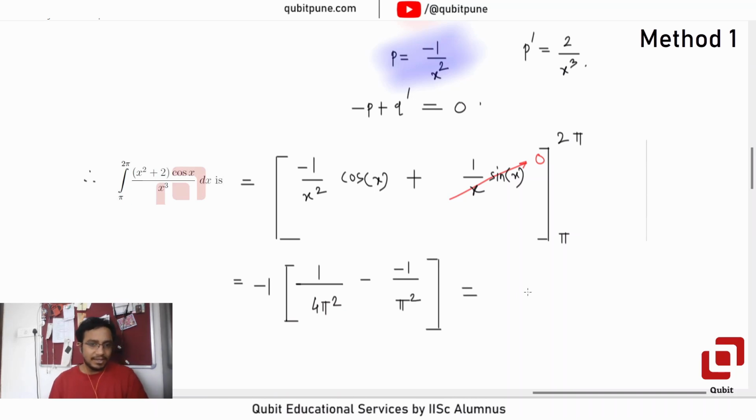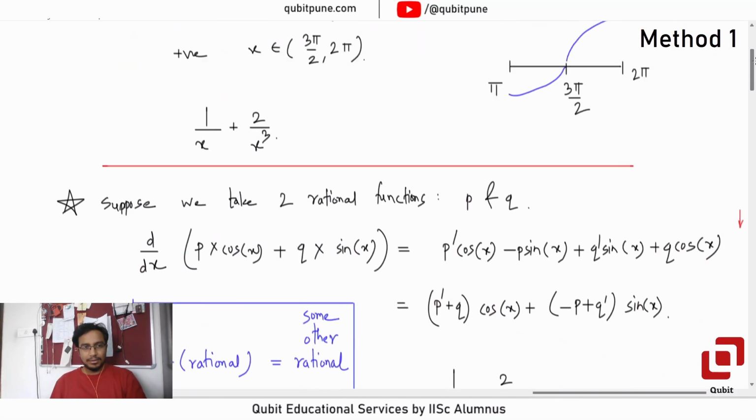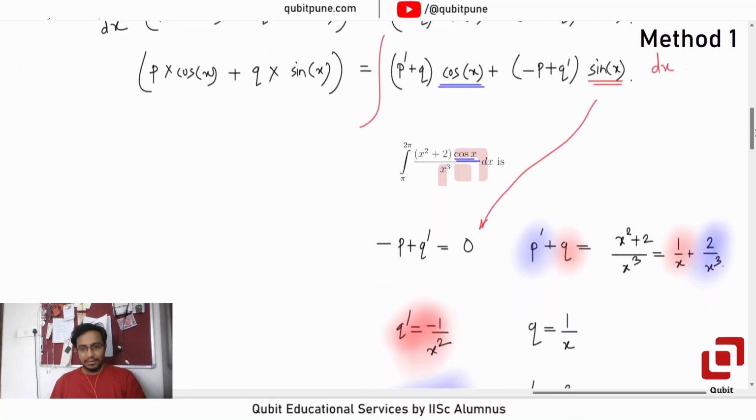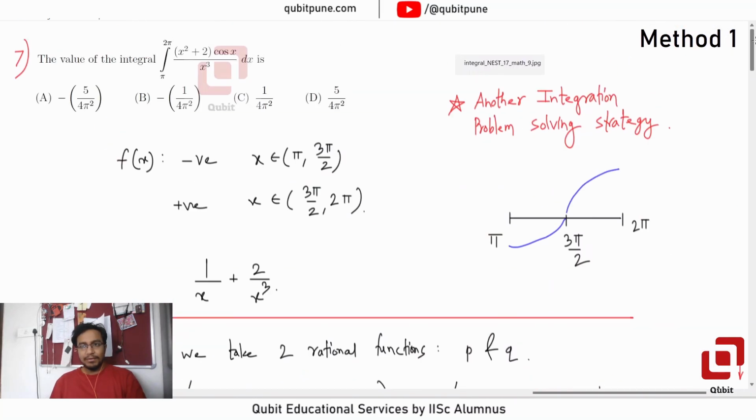So it confirms that the answer is negative: negative 1 upon 4 pi squared minus 1 upon pi squared, which is negative 5 upon 4 pi squared. Do we have that option? Yes, negative 5 upon 4 pi squared, that is option A.